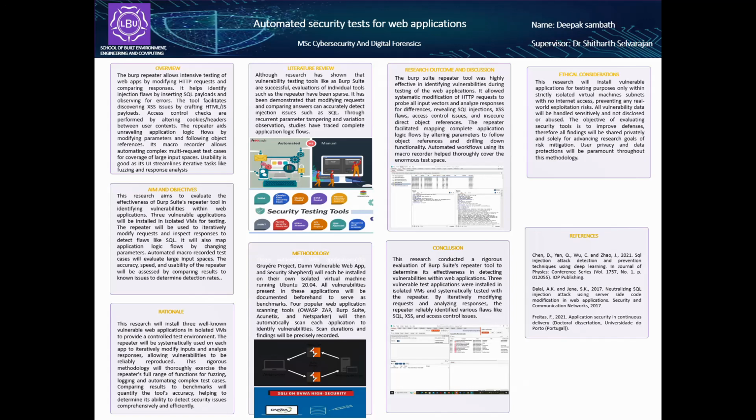Coming to aim and objectives, the main goal is to assess how accurately different automated security methods can find vulnerabilities in web applications. The following steps I am going to take are to choose a variety of well-known vulnerable apps, which are Security Shepherd, Gary Project, and Damn Vulnerable app, to act as dependable targets.